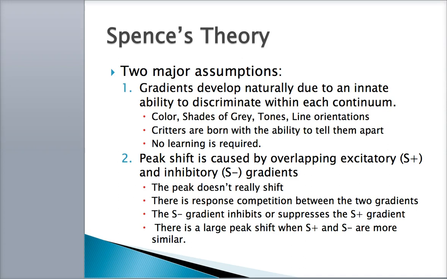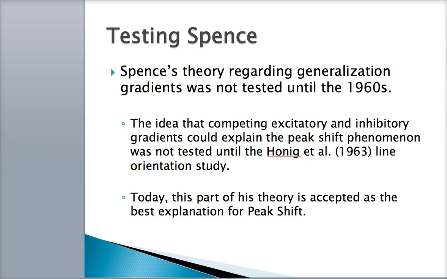The S minus gradient inhibits or suppresses responding from the excitation related to the S plus gradient where they overlap. And there's a larger peak shift when the S plus and the S minus are more similar to each other. So Spence's theory regarding generalization gradients wasn't directly tested until the 1960s.